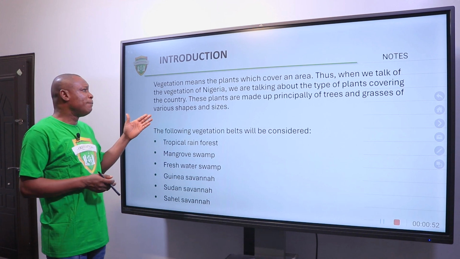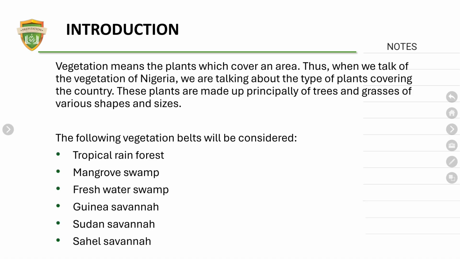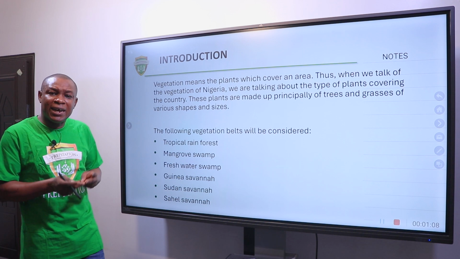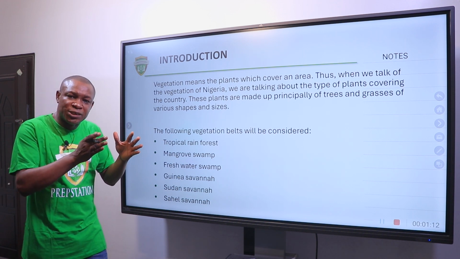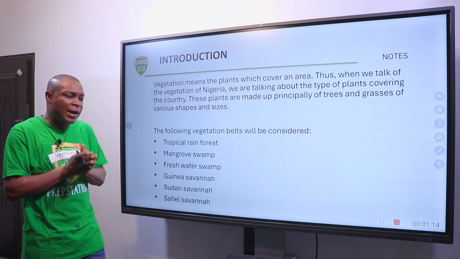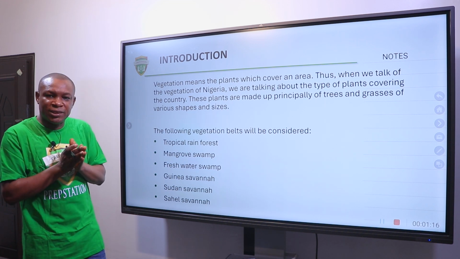Vegetation simply means the plants which cover an area. So when we talk about the vegetation of Nigeria, we are talking about the diverse plants that cover the country's landscape. Basically, there are two kinds of vegetation. We have the forest vegetation, and we also have the savanna vegetation.